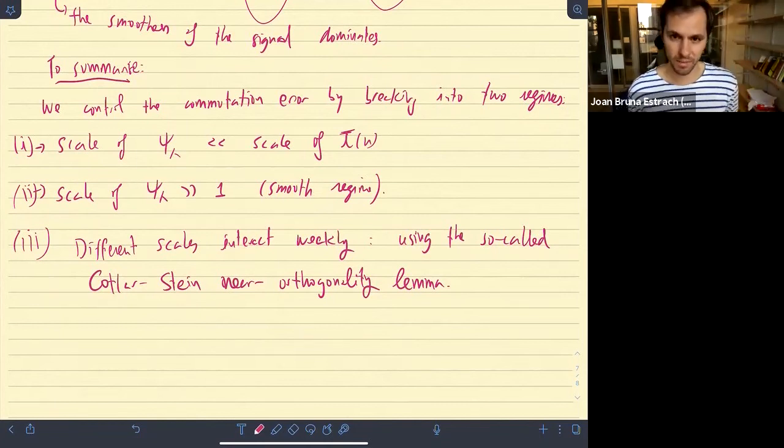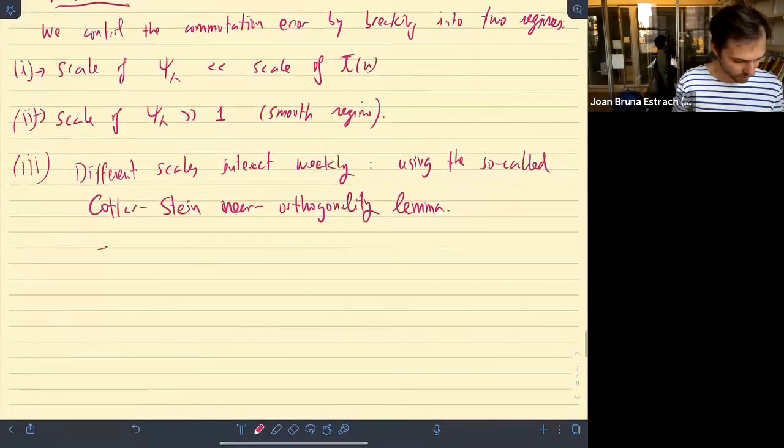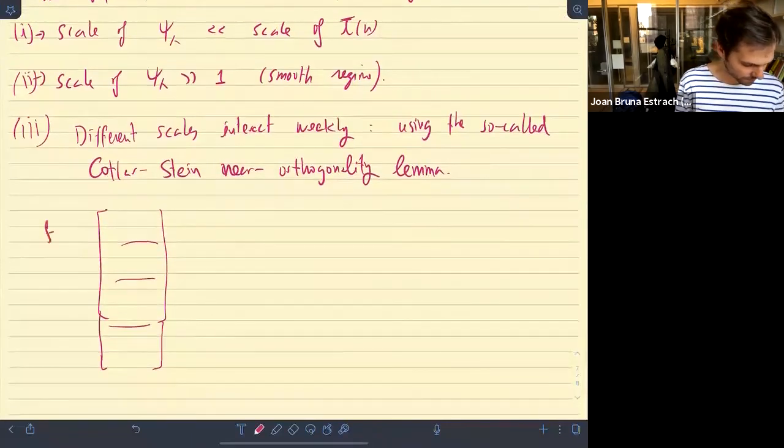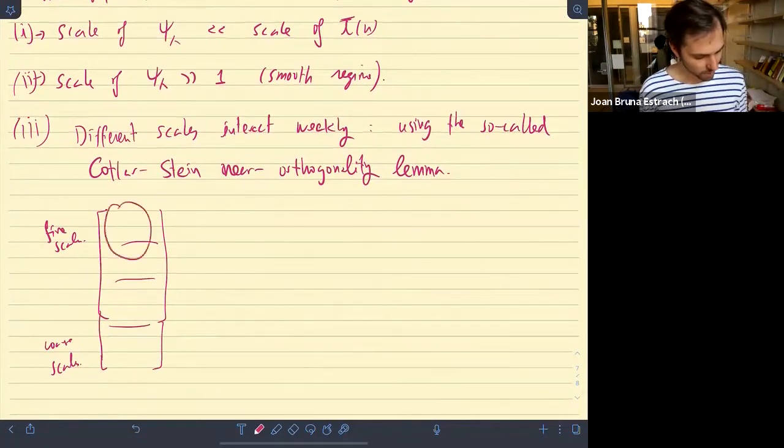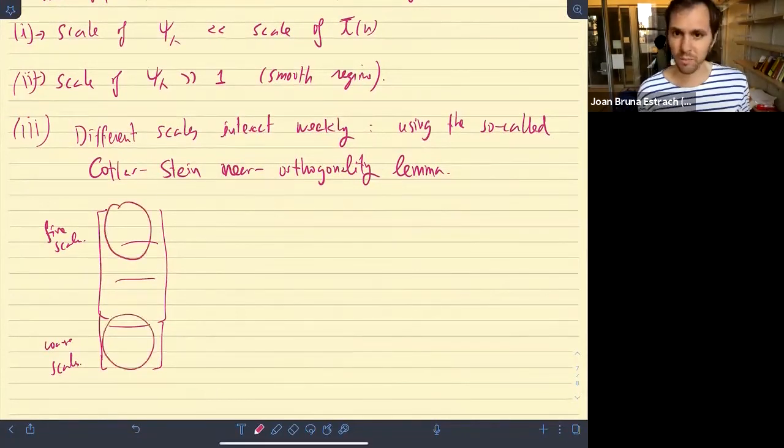So think about a fat matrix that has different submatrices. You have a very large matrix that here contains the fine scales, and here contains the coarse scales, and you would like to see that the operator norm of this big matrix is small. And I know that the operator norm of this matrix is small, and the operator norm of this matrix is small.